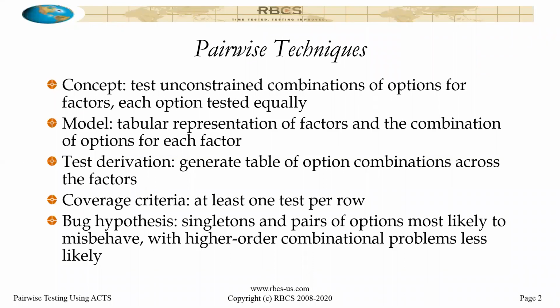But that leaves out a possibility, which is what if they are interacting? What if they're supposed to be unconstrained, but there actually is some sort of undesirable interaction between them? If you wanted to try a brute force approach to attack that, you'd be in big trouble really soon. So if you have 10 input fields on a screen, let's say, and there are 4 equivalence partitions for each input field.